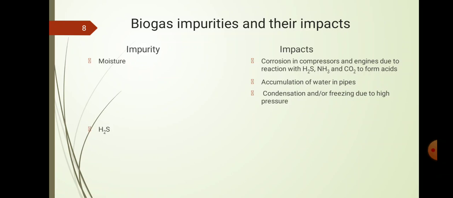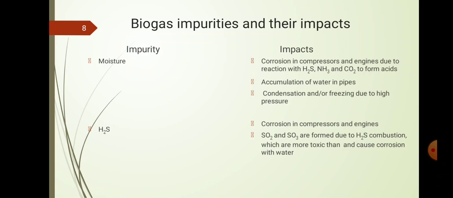Another important impurity is hydrogen sulfide, which is very harmful. This will result in corrosion in compressors and engines. If sulfur compounds are present, they will form more toxic acids, sulfuric acid, sulfurous acid, etc., and cause more damage to the components.